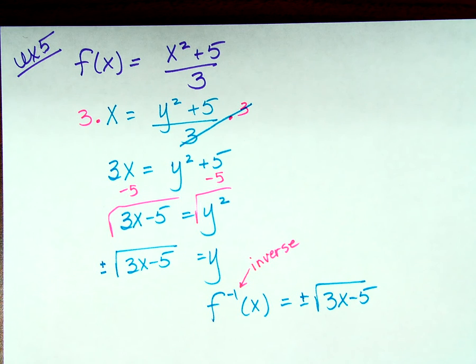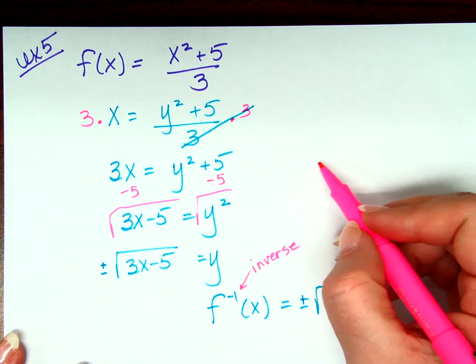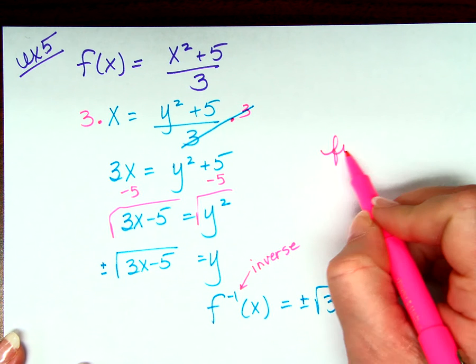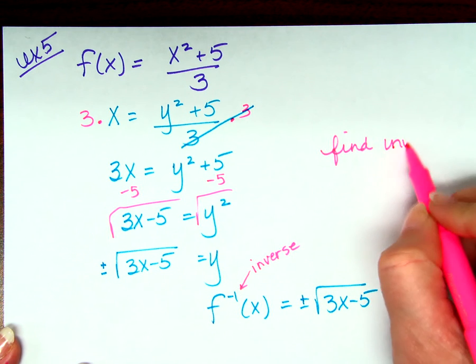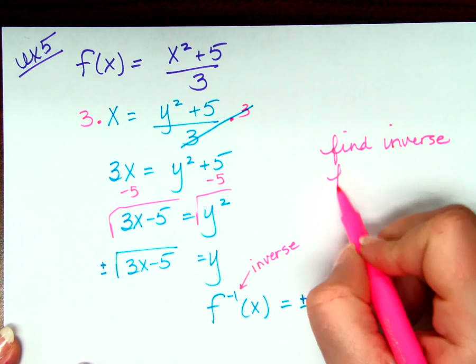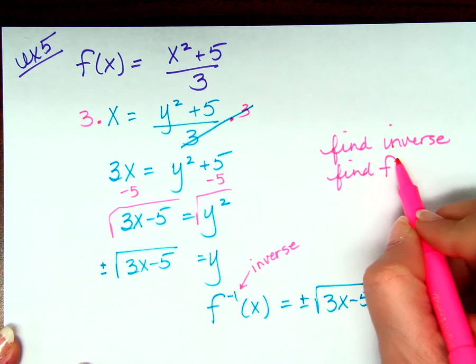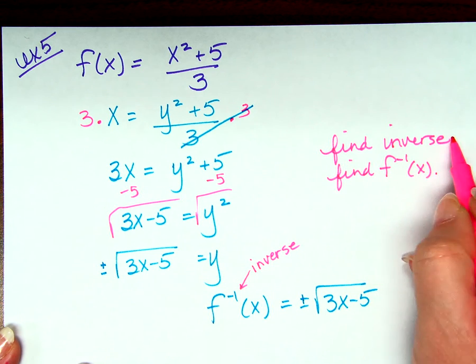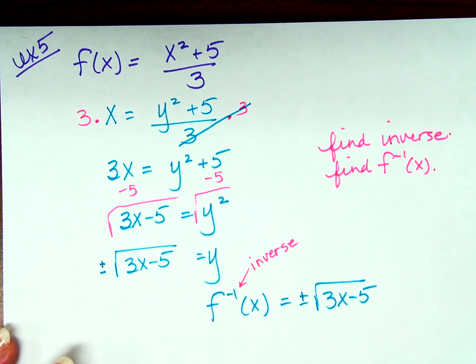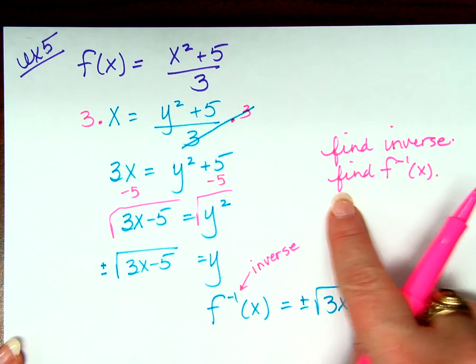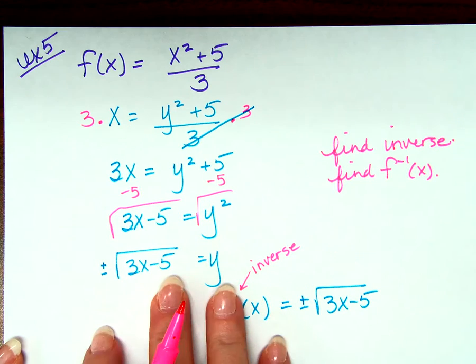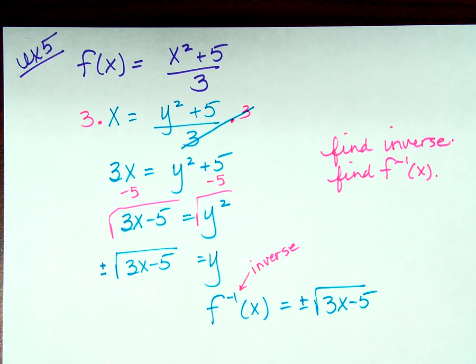So sometimes on your homework or a test question or a quiz question, it's not going to say find the inverse. It's going to say find f negative 1 of x, except these two things mean the same thing. If it says find f negative 1 of x, it wants you to switch x and y and solve for y. It wants you to find the inverse.